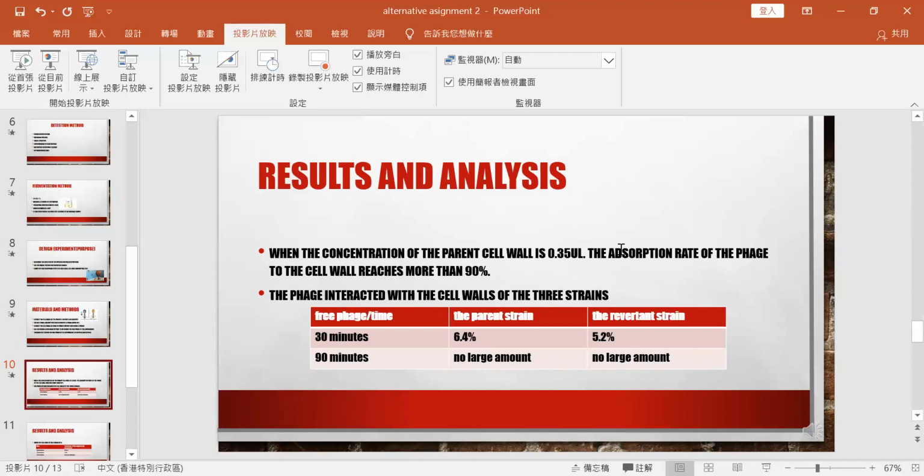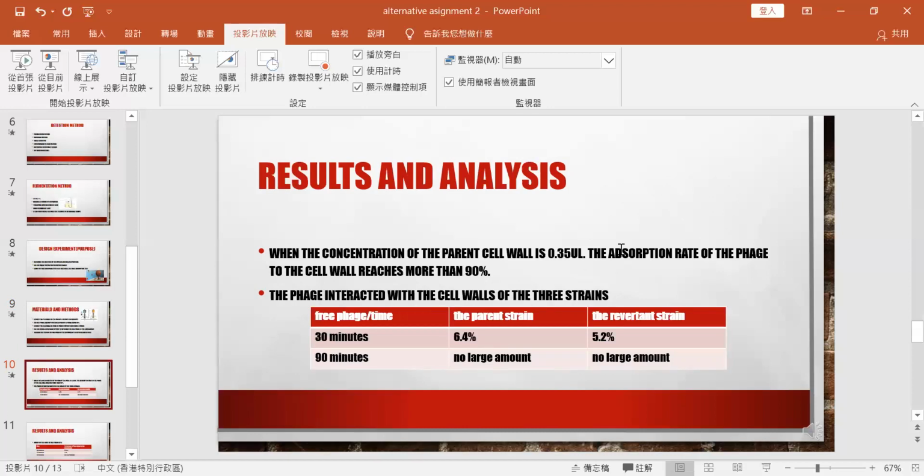The supernatant of the parent and the reference strain contains 6.4% and 5.2% of the phage. And then after adsorption for 90 minutes, we find there is no large amount of free phage.